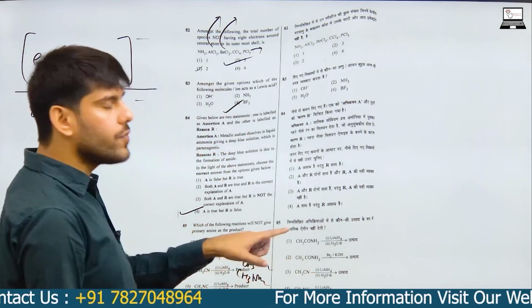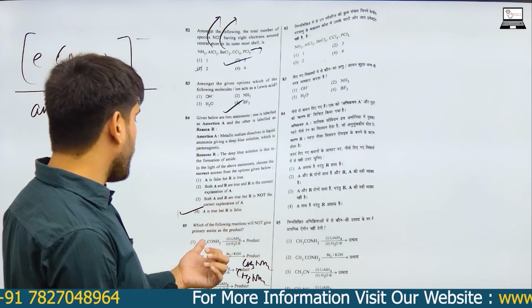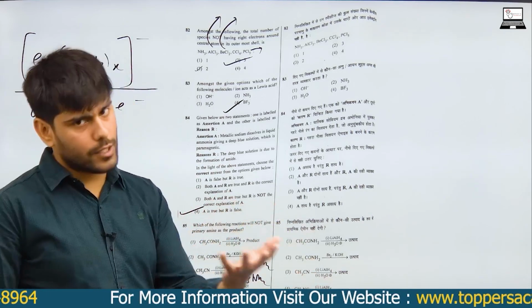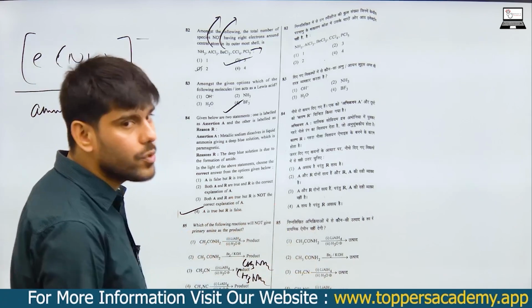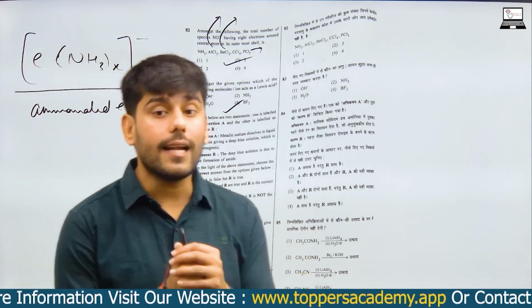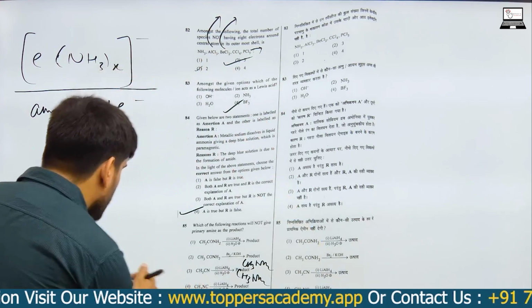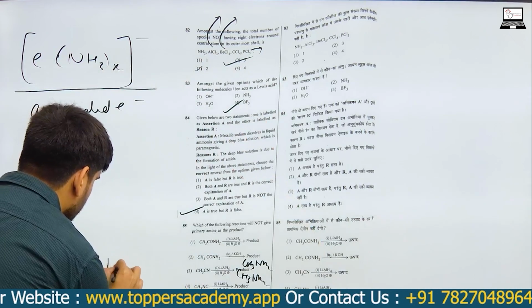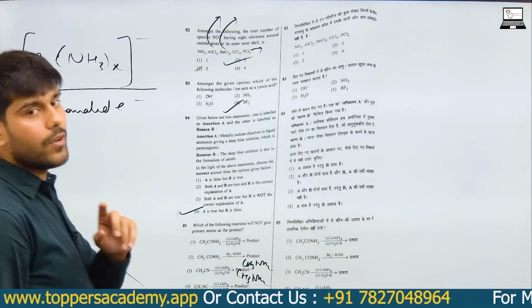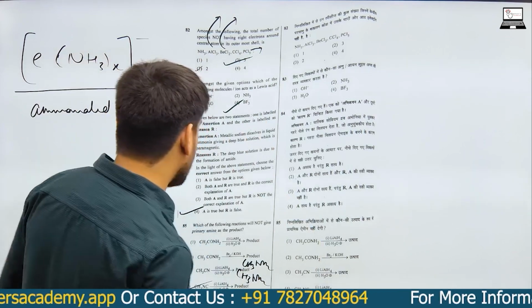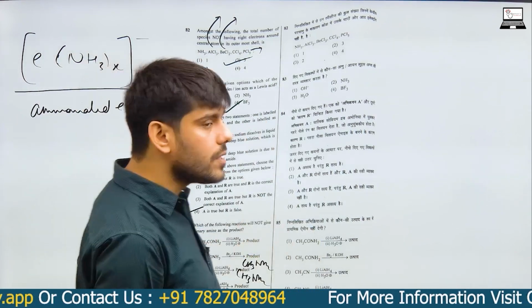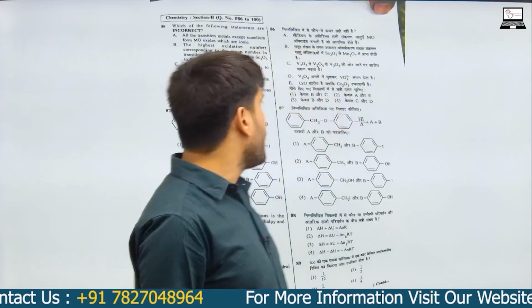And the reduction of amide will give you amine, that is also a primary amine. But isonitrile or isocyanide gives you secondary amine, not the primary one. So fourth is the right answer. Isocyanide will not give a primary amine.